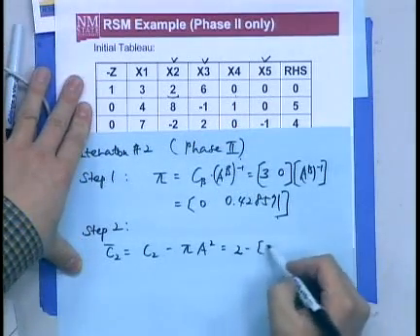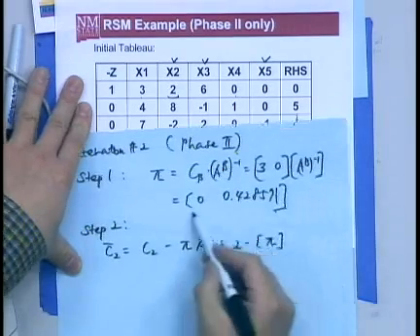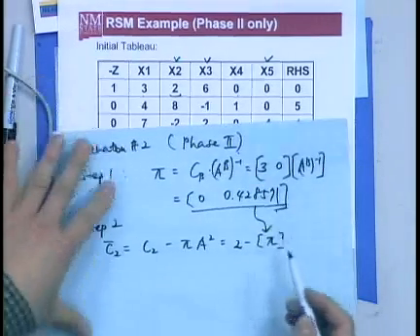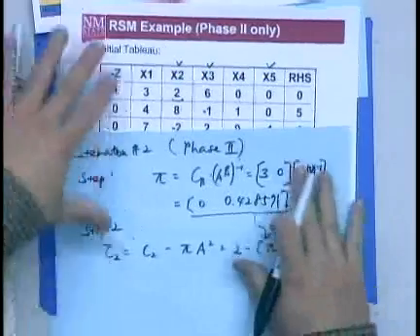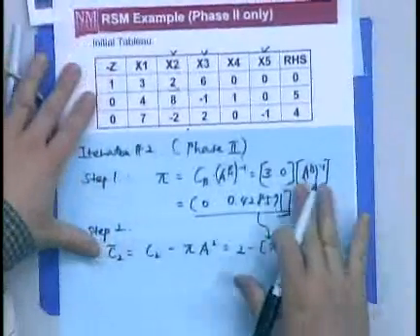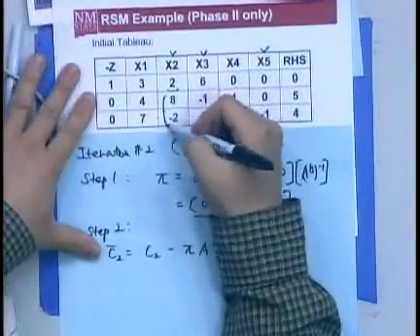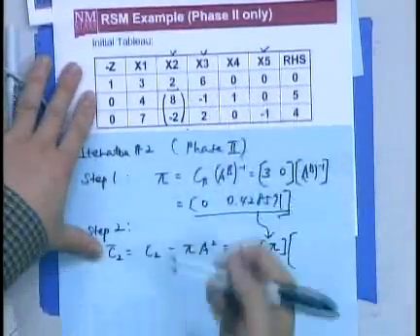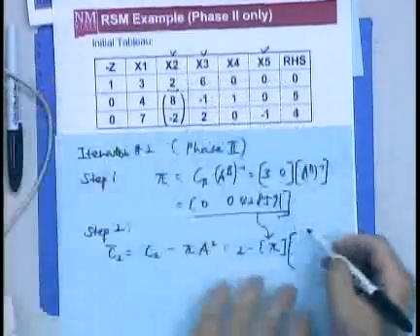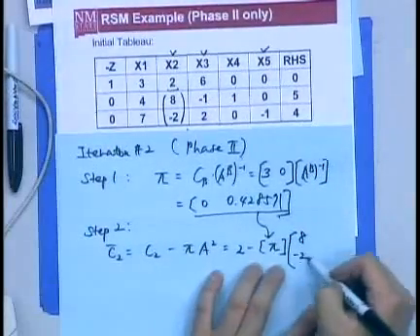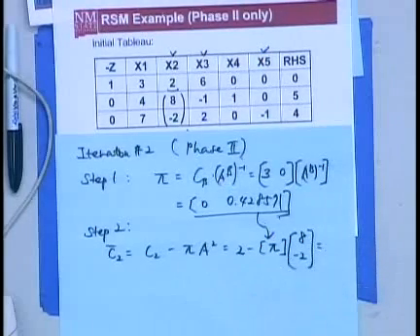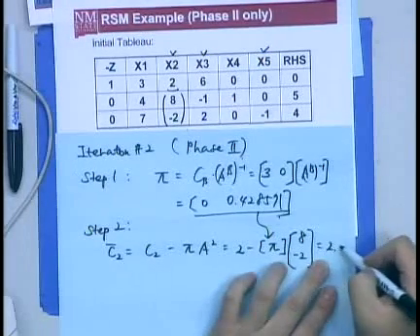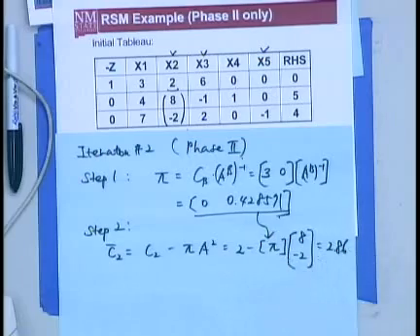Minus the pi value, which is this, right? What is A2? That is the constraint coefficient corresponding to the x2 variable, which is 8, negative 2. This value is 2.86. Okay?